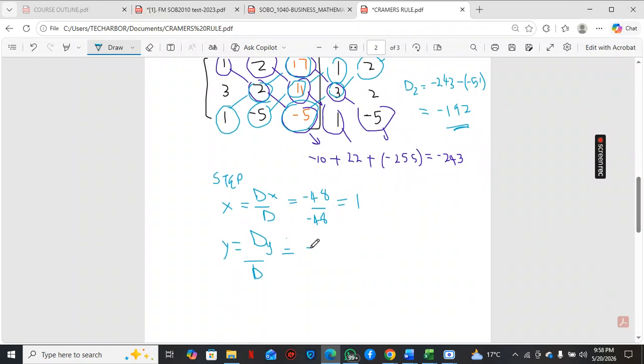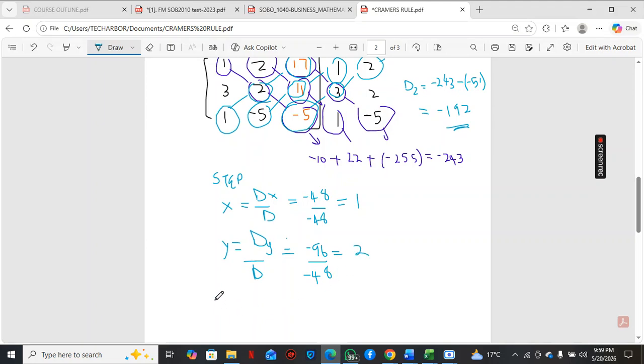So you say negative 96 divided by the overall determinant, negative 48. Negative 96 divided by negative 48, that is 2.